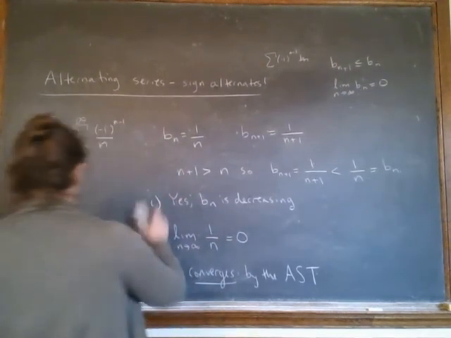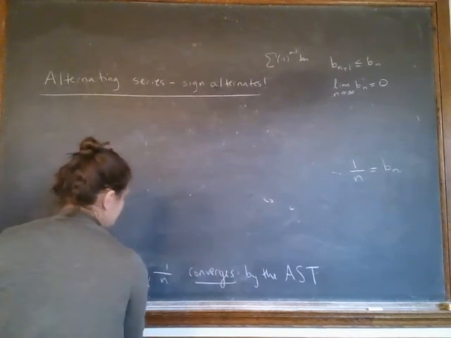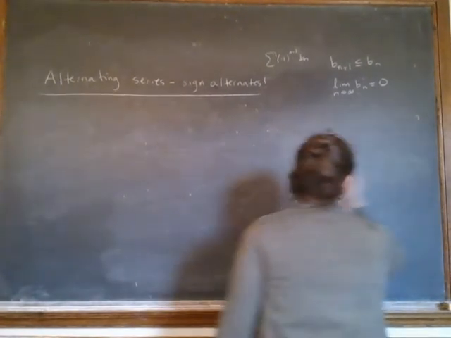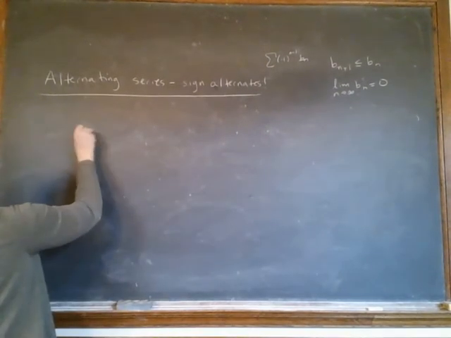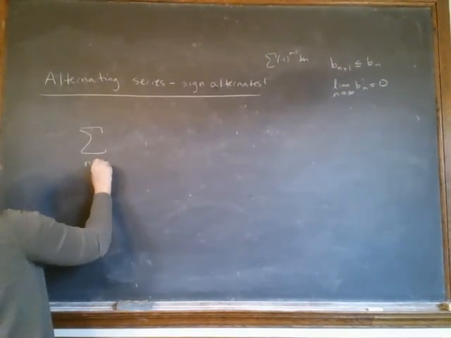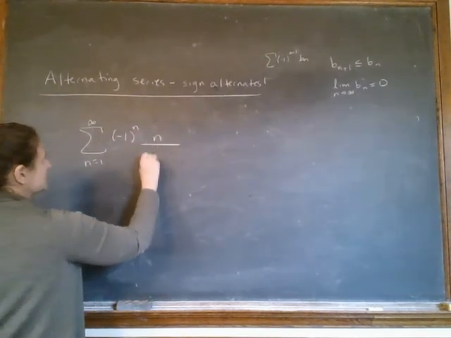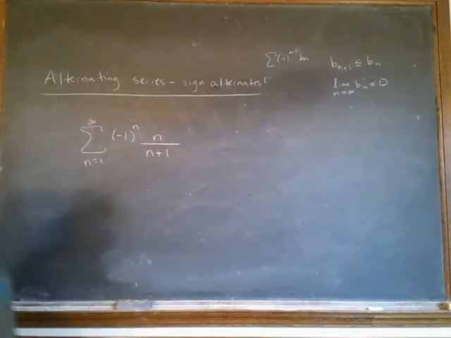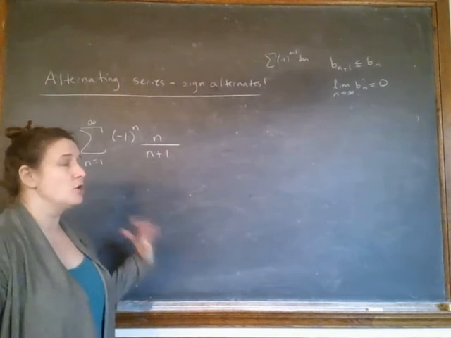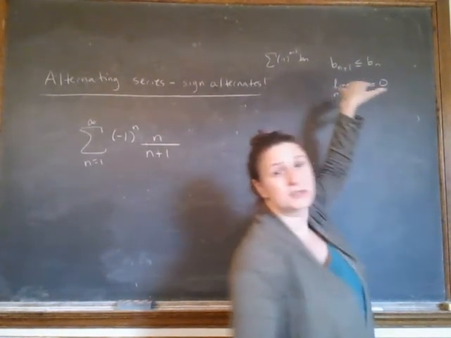Well, let's look at the other one. What was the other one? The other one was this. Okay, well, what's also nice about the alternating series test is even though your book lists it like this, 1 and 2, both of those conditions have to hold.